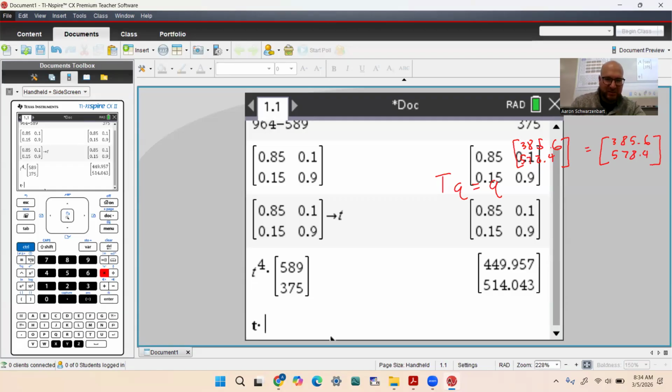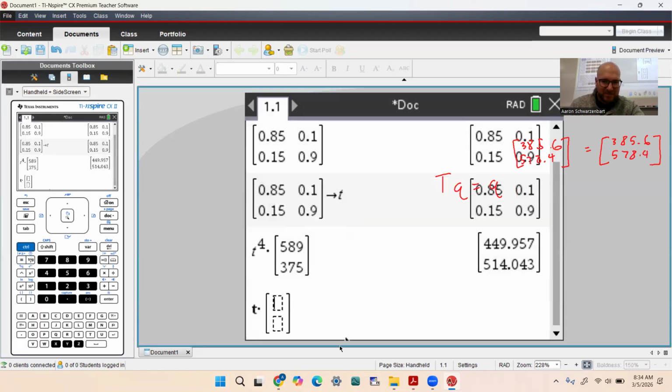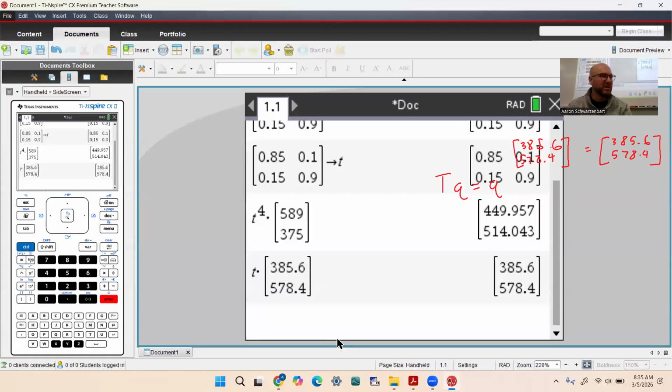Having T entered on my calculator is really nice right now. Is it 385.6 and 570.4? And we get exactly the same thing. That is the exact steady state vector.